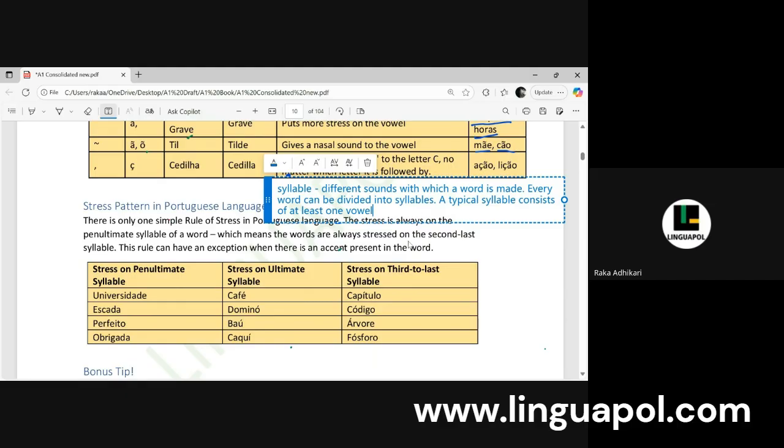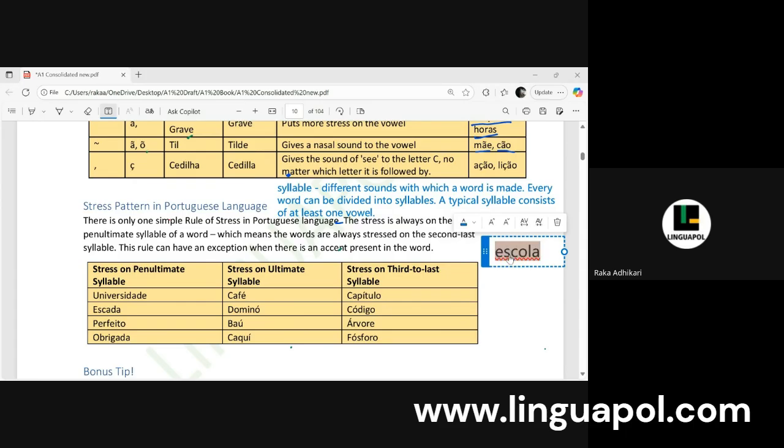If I take the word escola, which we learned in the alphabet, imagine you are teaching the same word to a baby who is learning to speak. How would you break this down? You would say esh, ko, la.